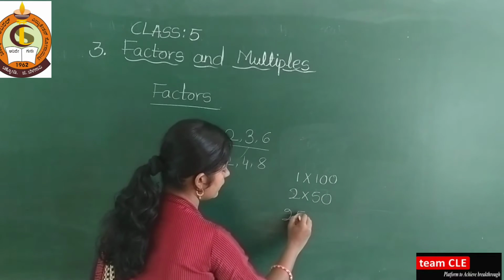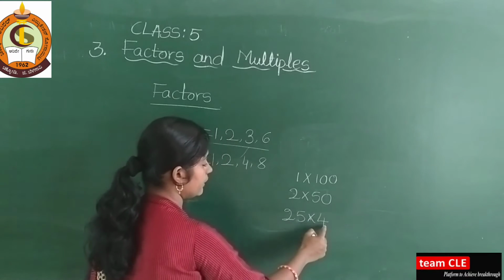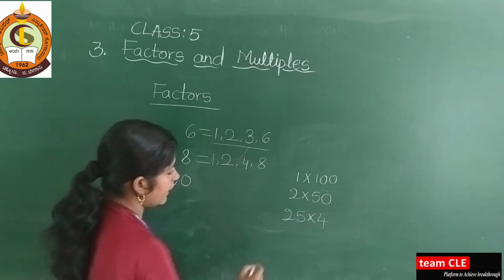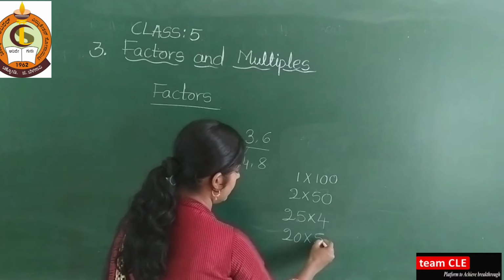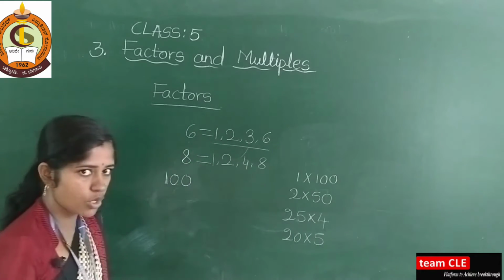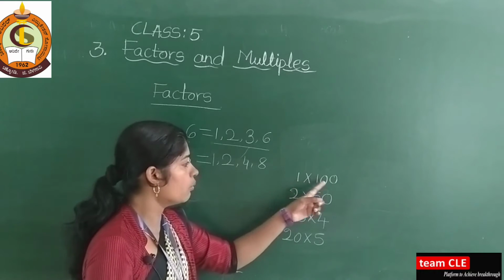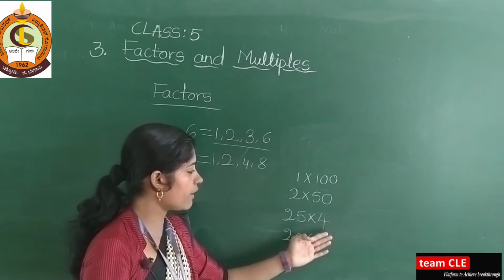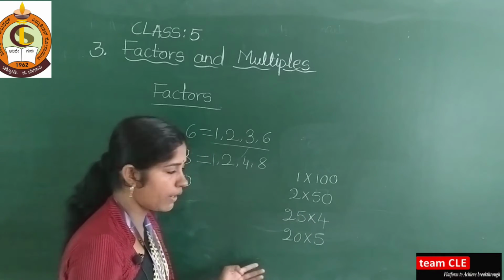Again, 25 4s are 100 and 4 25s are 100. Other than that, 5 20s are 100 and 20 5s are 100. Other than this, 100 is not there in any other table.